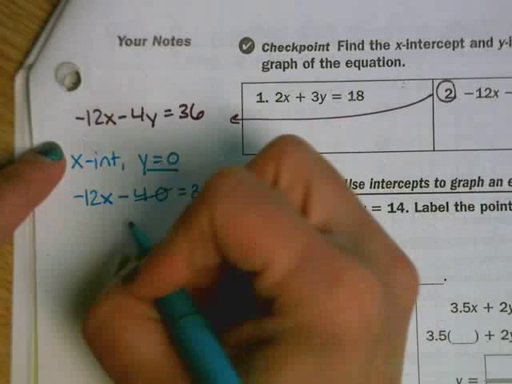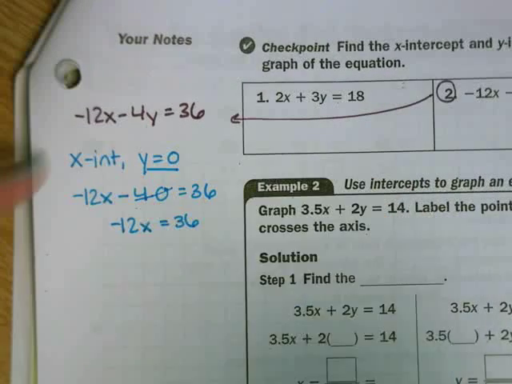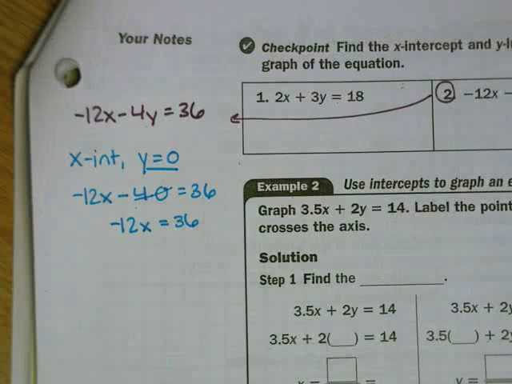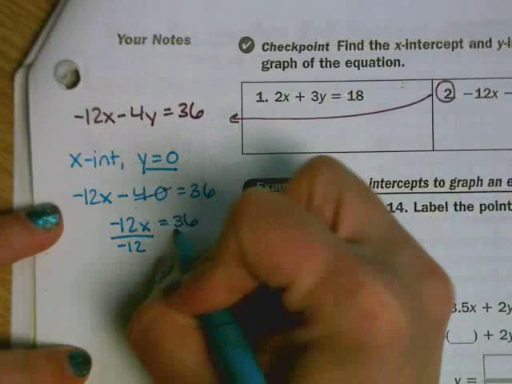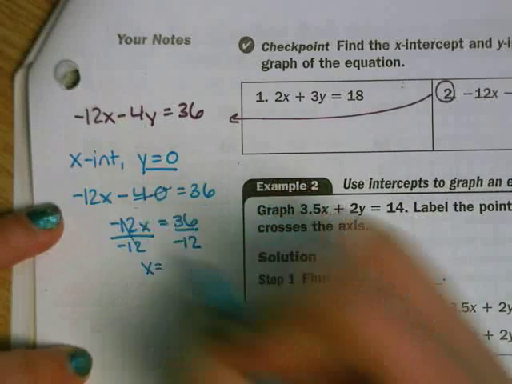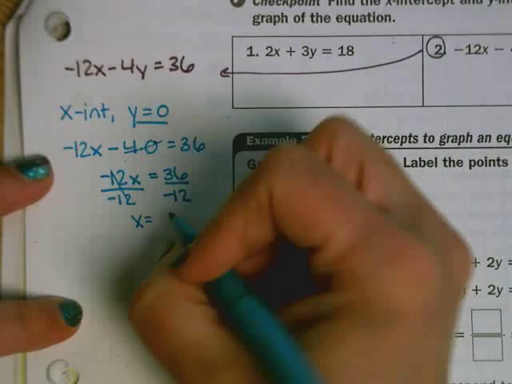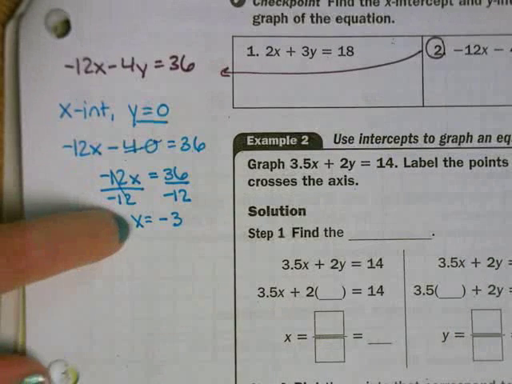Really, this is going to go away, and we've got negative 12x equals 36. That's what happens when we plug in y equals 0. So then it's just a quick division to get the x by itself. Divide both sides by negative 12, and you get x equals positive divided by a negative is a negative, and 36 divided by 12, what's that going to give us? Be negative 3.